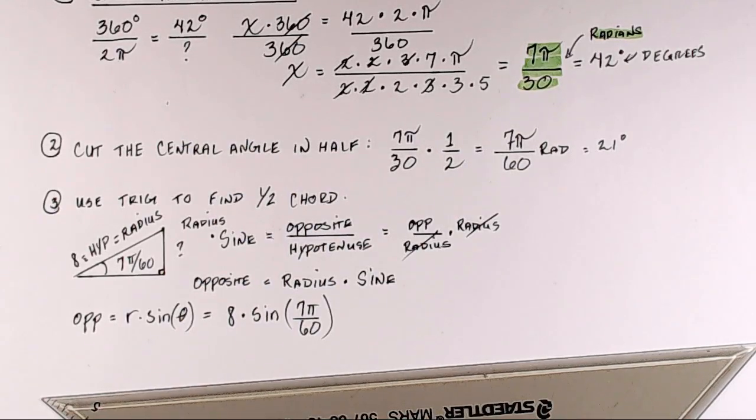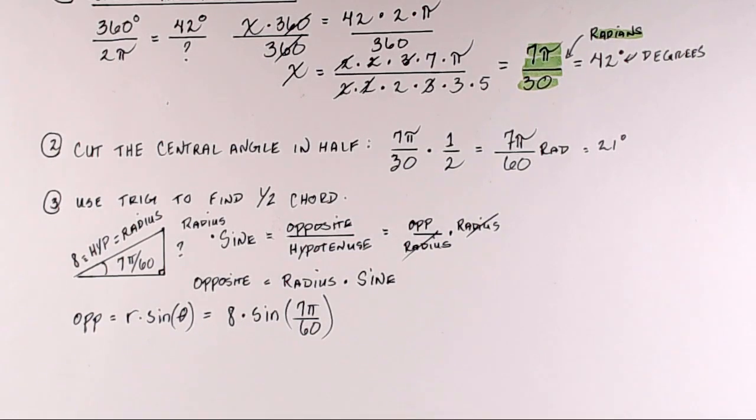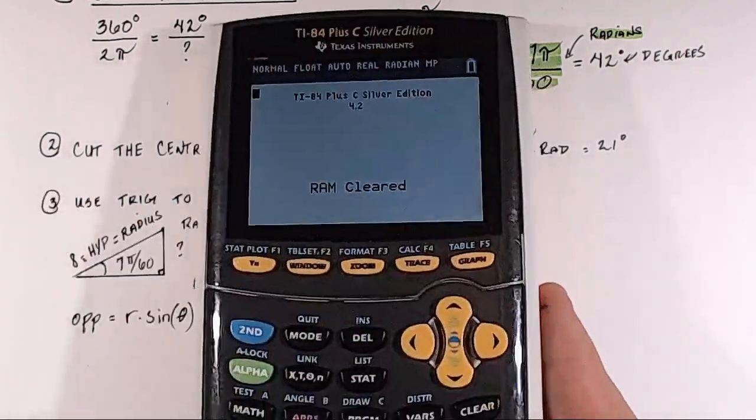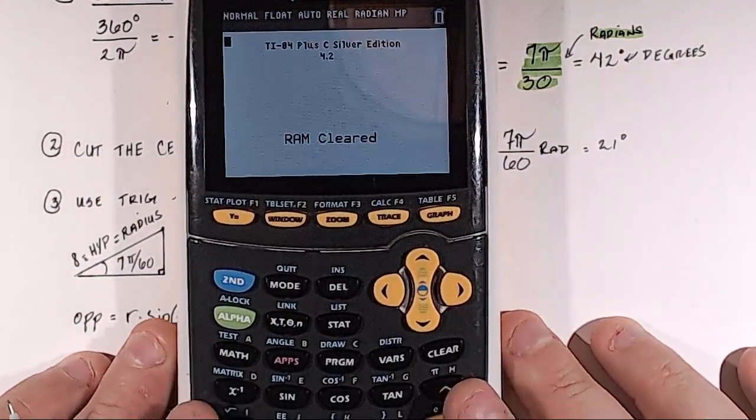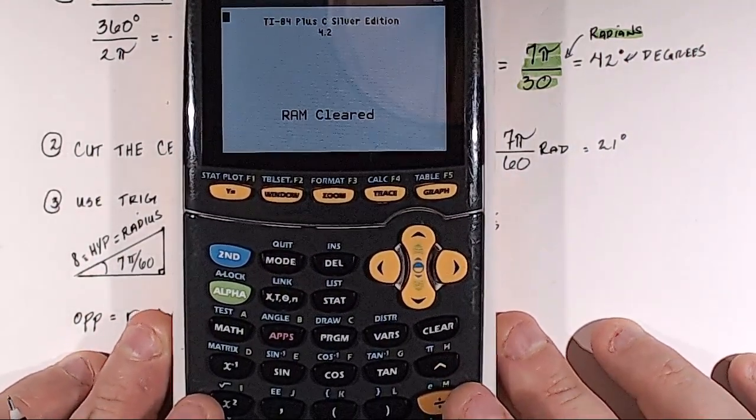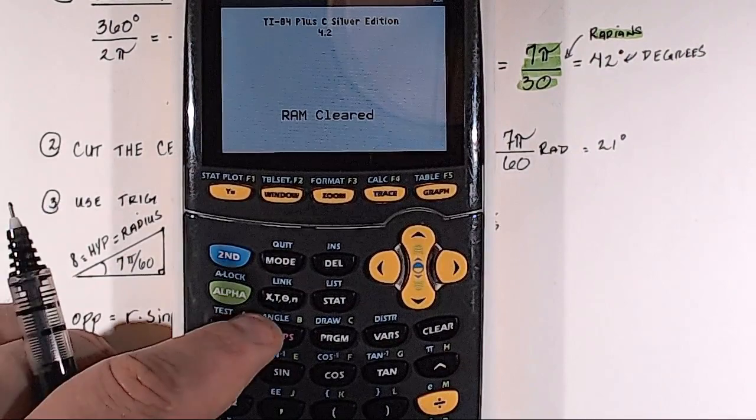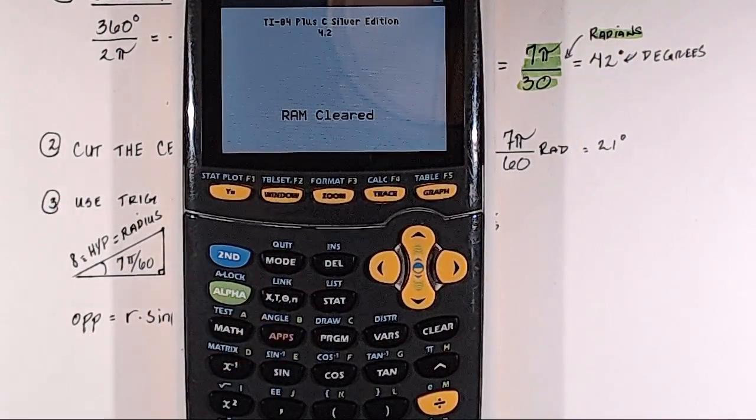And this is where the calculator has to come in. If you haven't already done so, clear the memory. You can use any scientific calculator with trigonometric functions on it, but most students are using this graphing calculator from TI. It's a TI 84 Plus C Silver Edition.